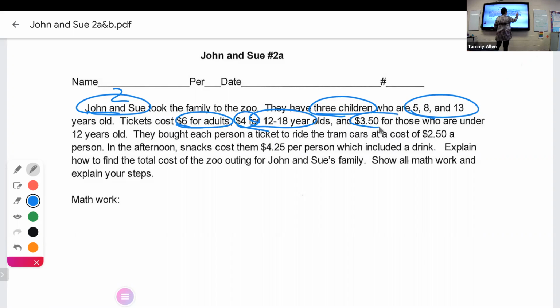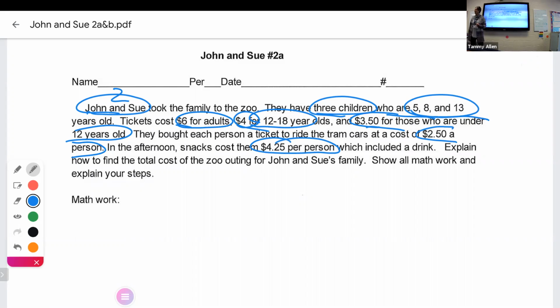And let's include for those under 12. Anything else? That's $2.58. $1.45. Anything else?